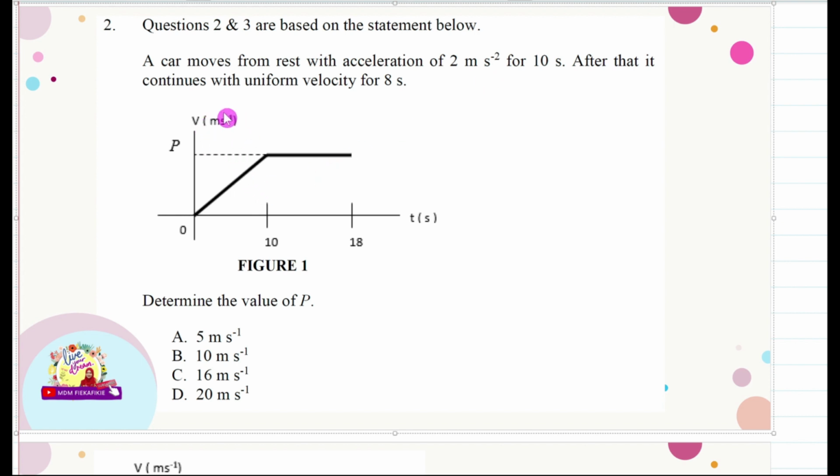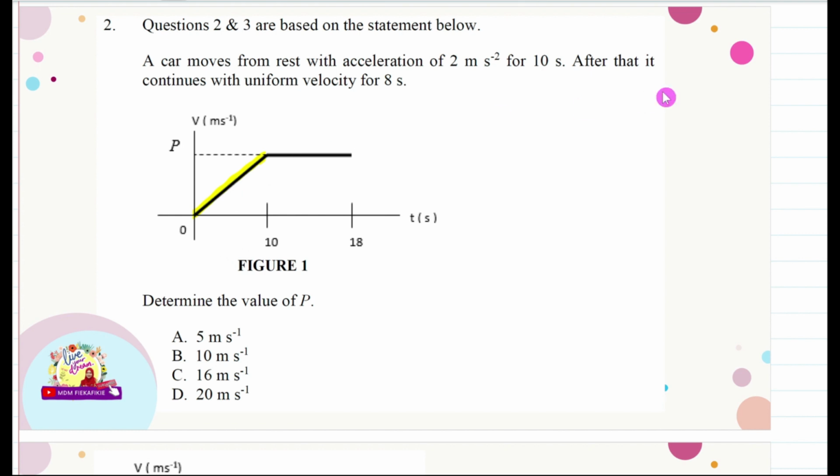So ini adalah graph V against T. Jadi the gradient of the graph from 0 to 10 second, memberikan you nilai apa? Gradient of the graph. So, this is the gradient of the graph. Means that when you calculate the gradient of VT graph, dia akan bagi you nilai acceleration. Remember?